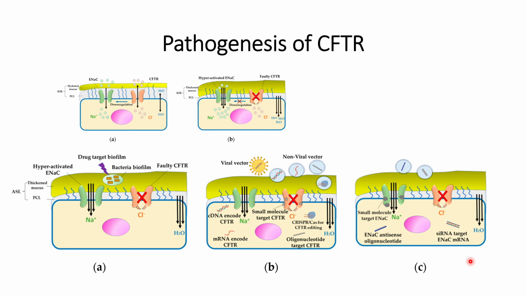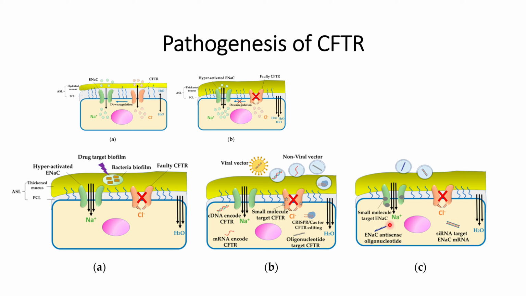And in the third case, because of the hyperactivation of ENaC, that is, as I have told many times, the epithelial sodium channel, the balance between the sodium channel and chlorine channel is not able to be formed.